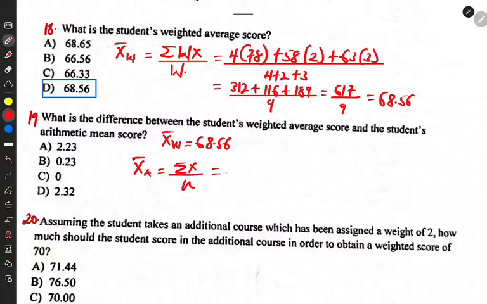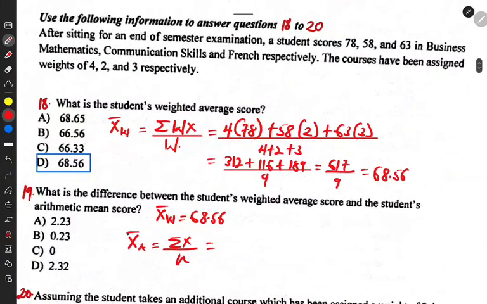Let's see what we have. The arithmetic score, we're going to compute just the summation of the scores without the weight.